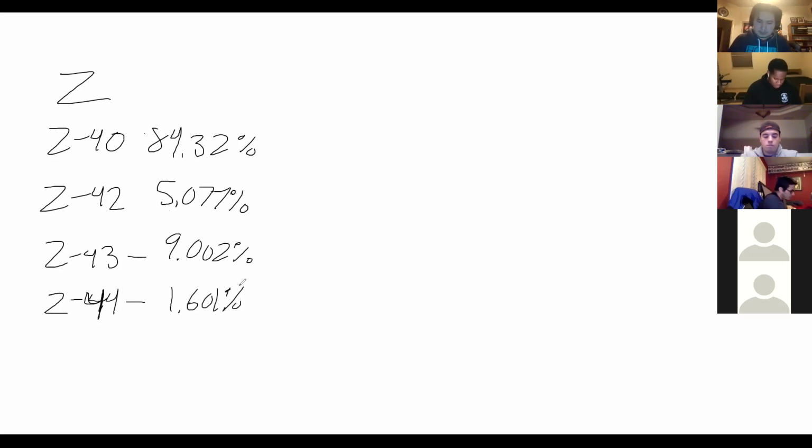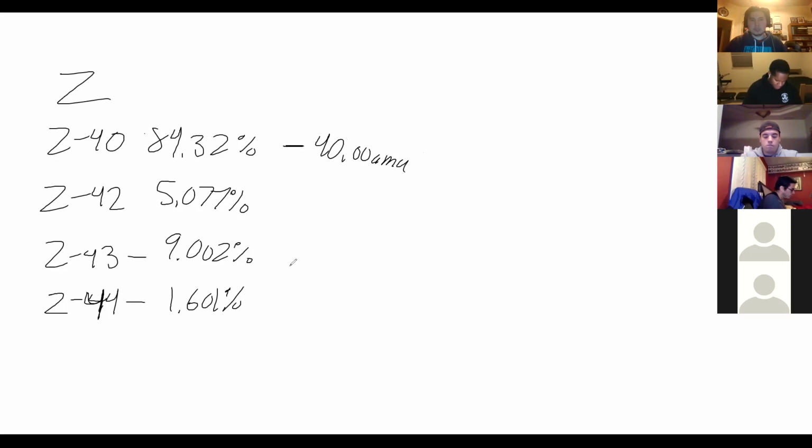It is 1.601% abundant. And it's asking you to determine the molar mass of element Z on this planet. The mass of Z-40 is 40.00 AMU, which is the same as its molar mass.